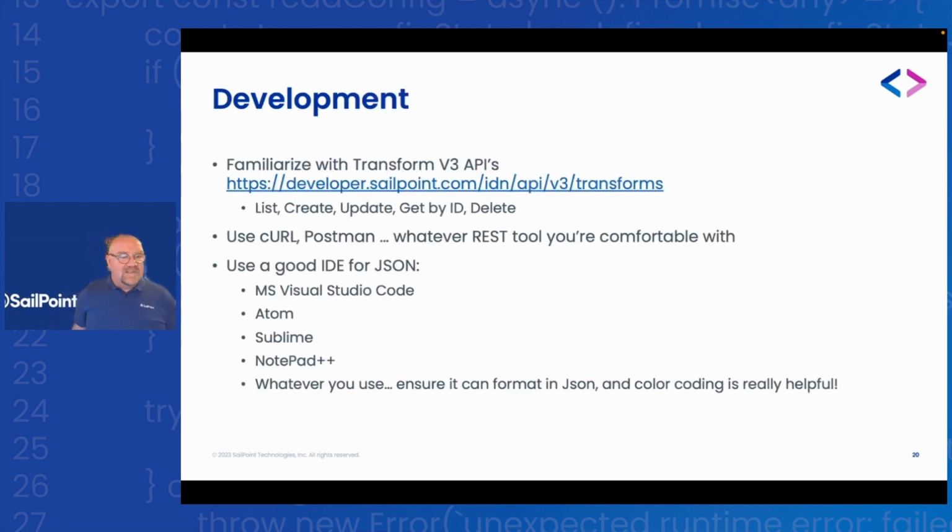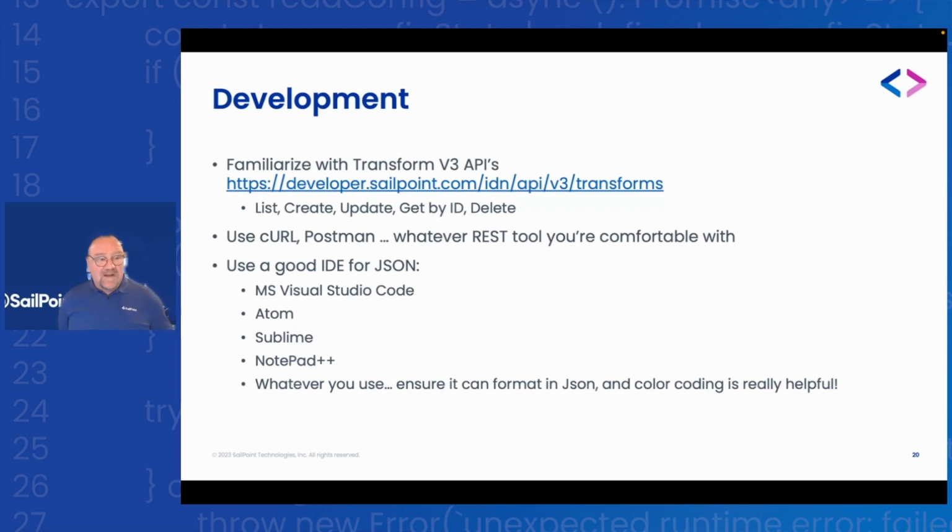So on the development side, first of all, I'd get familiar with the V3 APIs. The V3 transform APIs will allow you to update, create, delete, list transforms, and so on. So it's always useful to get familiar with that, using curl or Postman or whatever tool you use.